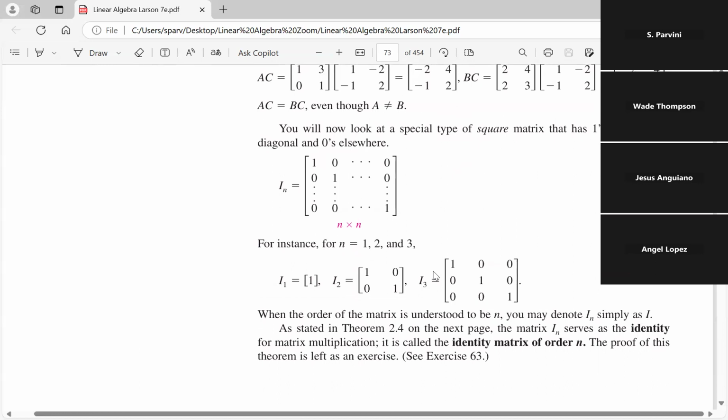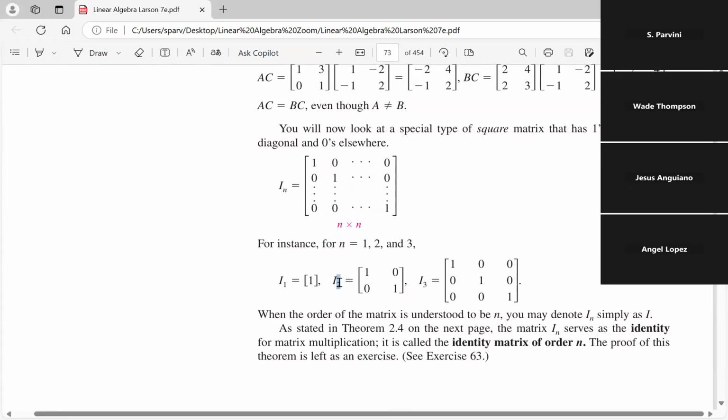Now, let's look at the identity matrix. This is an identity matrix of order n. And by the way, look at how they write it. See that? Just subscript n. They don't write it as n by n as a matrix. So let's agree that when he writes I sub n, it really means I n by n.